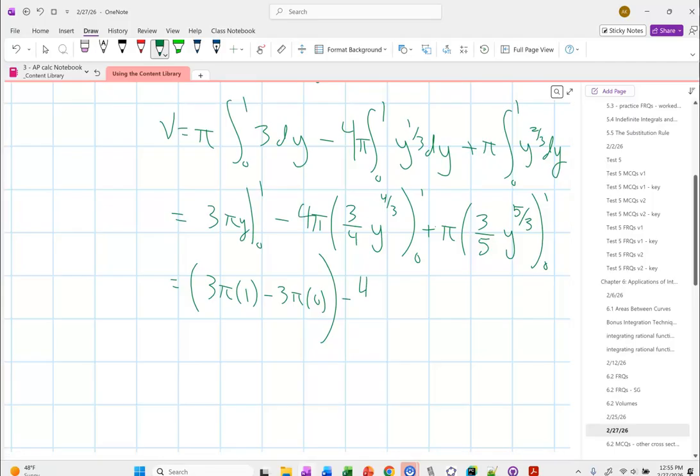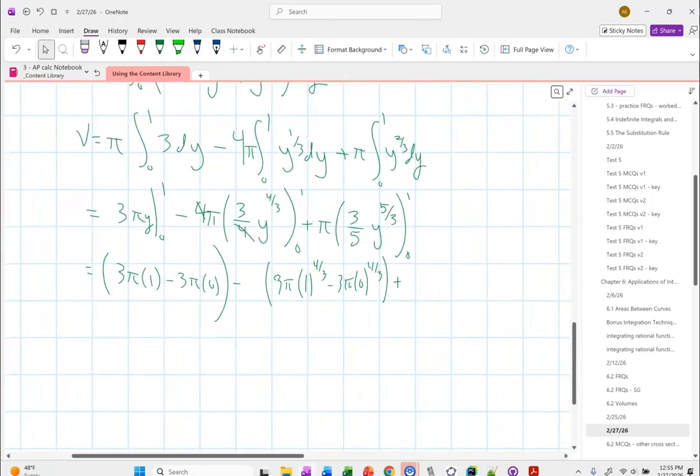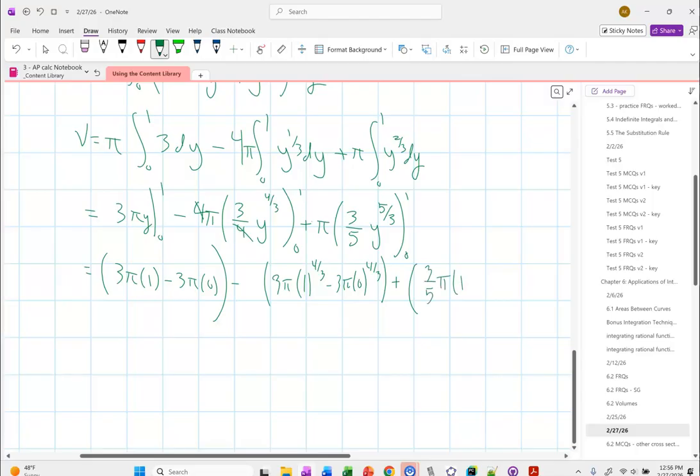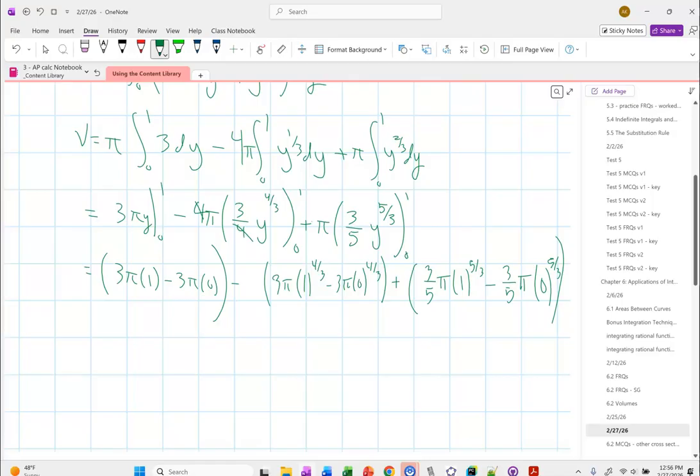I'm going to do that just to make my life easier. Pretty good. 1 to any power is 1, so 1 to the 4/3 or 1 to the 5/3 is 1. 0 to the 4/3 or 0 to the 5/3 is 0.